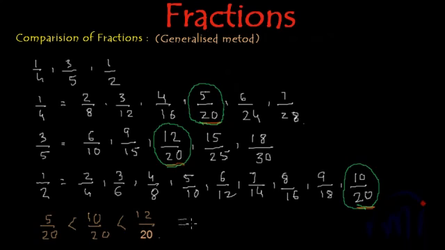Yes. And if I write the original fractions for all these equivalent fractions, our relation will be 5 by 20 is equivalent to 1 by 4 and 10 by 20 is equivalent to 1 by 2 and 12 by 20 is equivalent to 3 by 5.